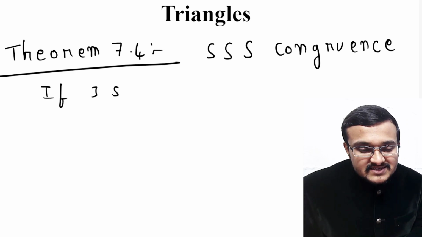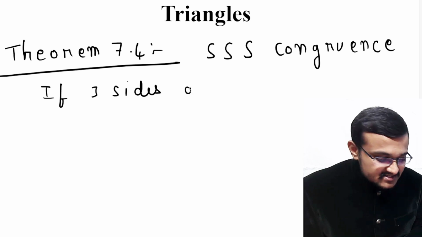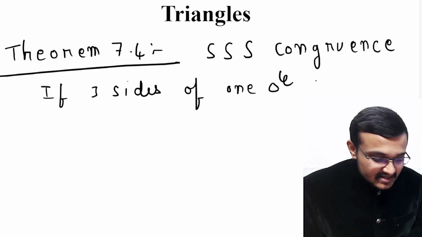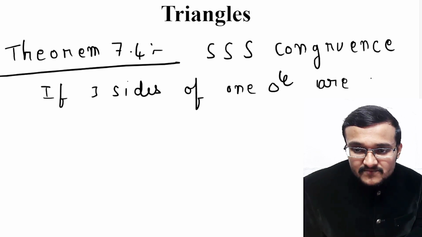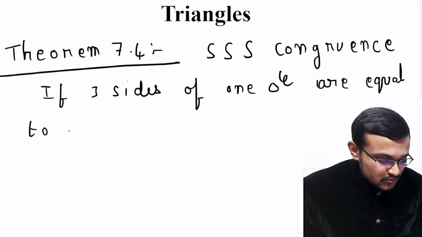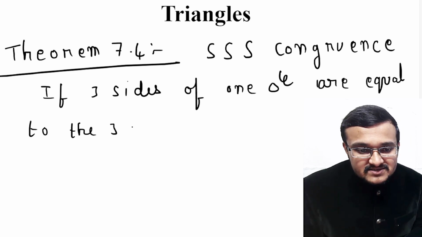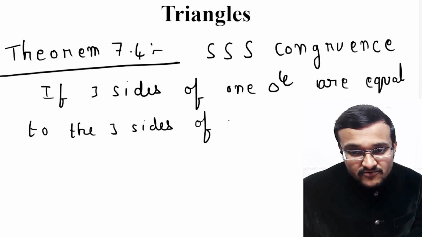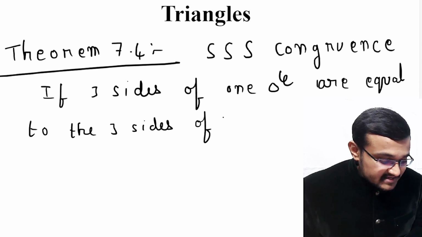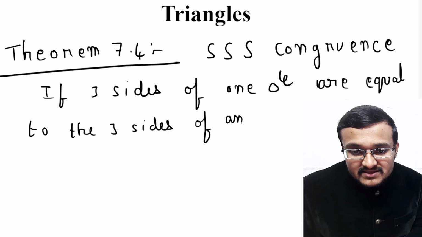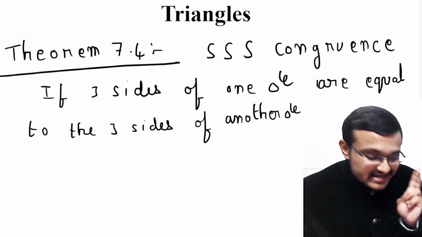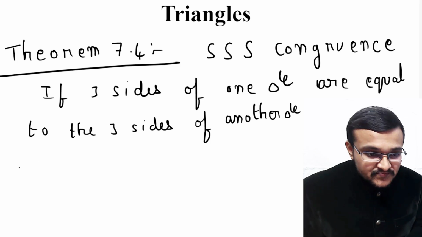If three sides of one triangle are equal to the three sides of another triangle, then those two triangles are congruent to each other.